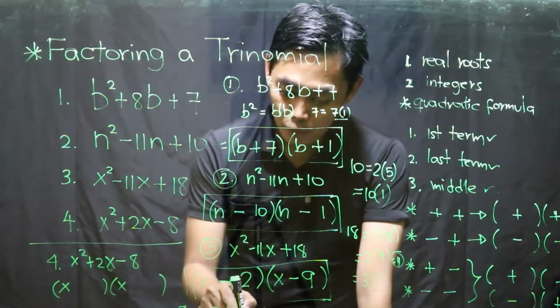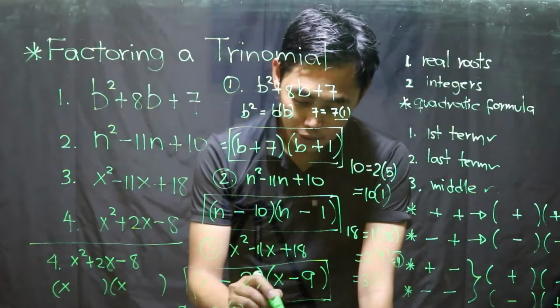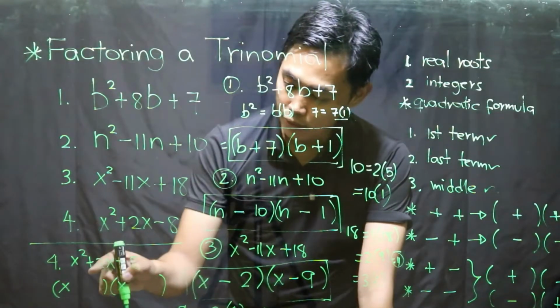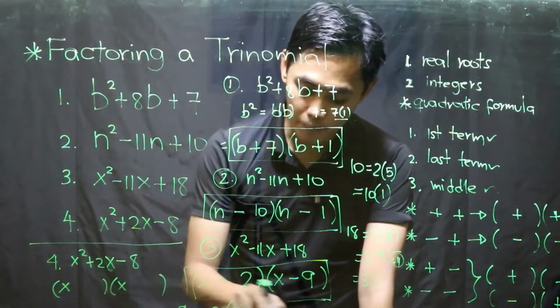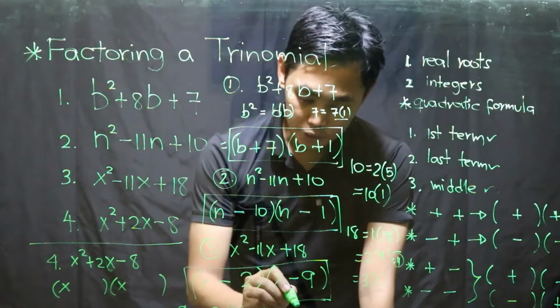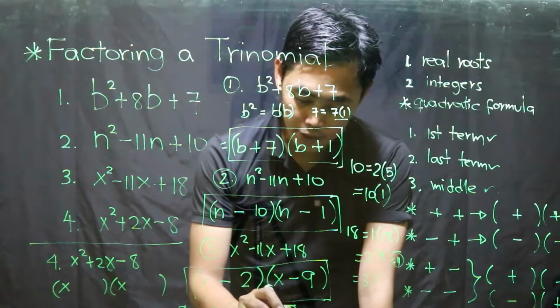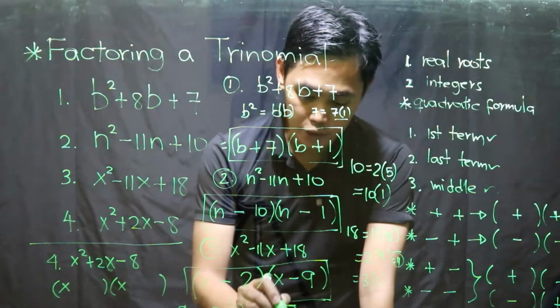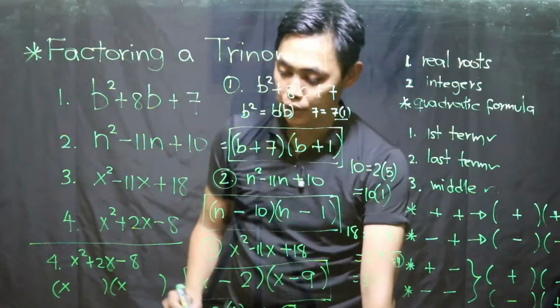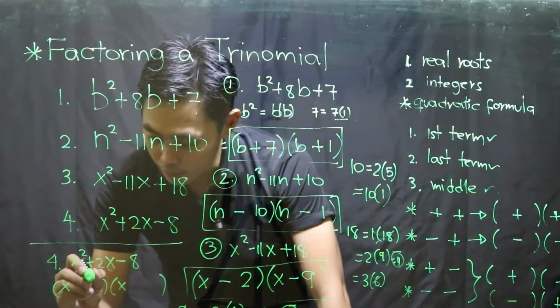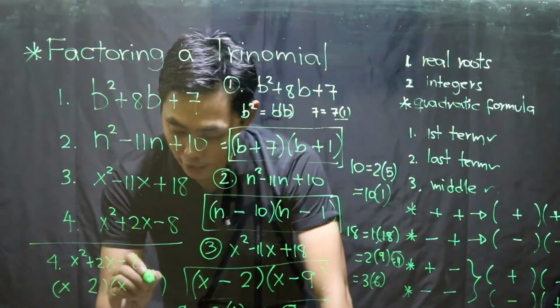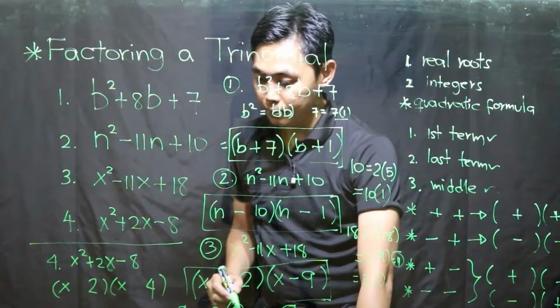How about 4 minus 2? That would be 2. It matches. Okay? And then, 8 minus 1, that is 7. So, we don't need that. So, we only need these 2 numbers, 2 and 4.